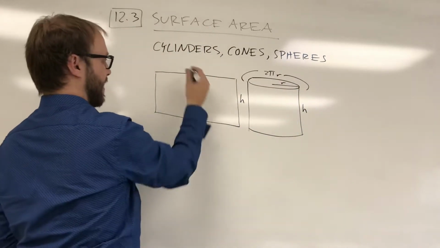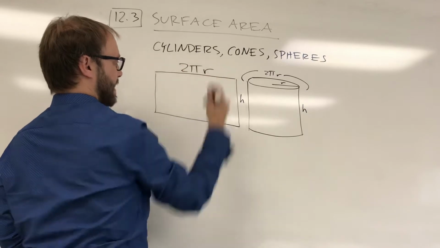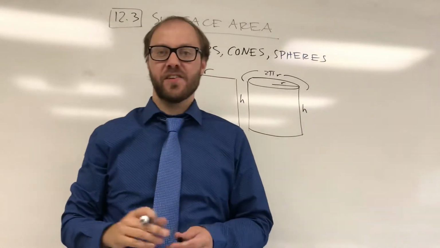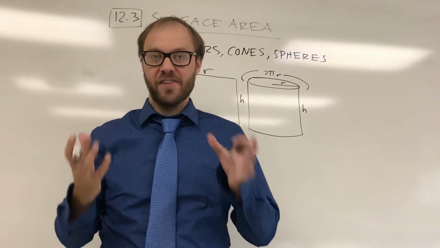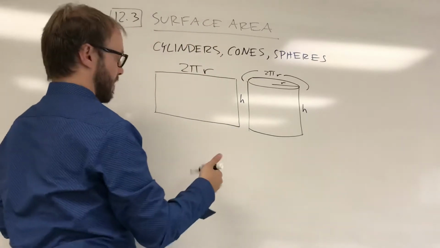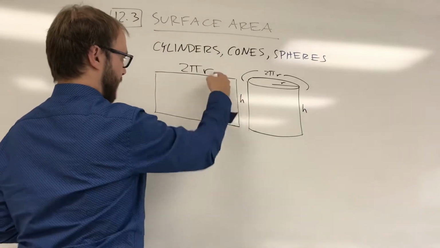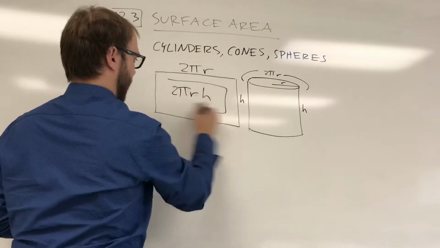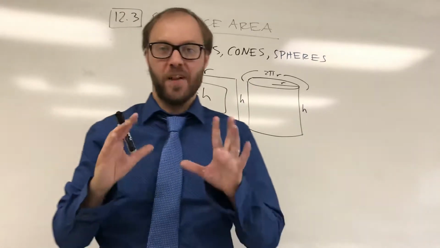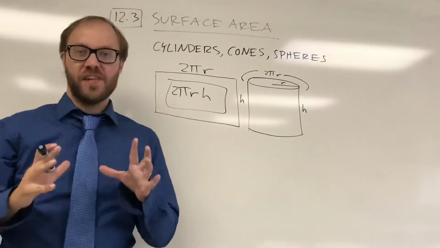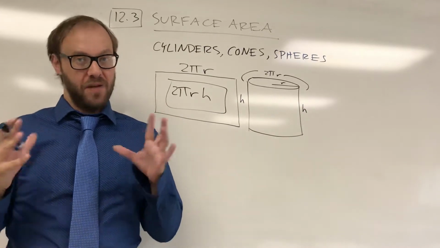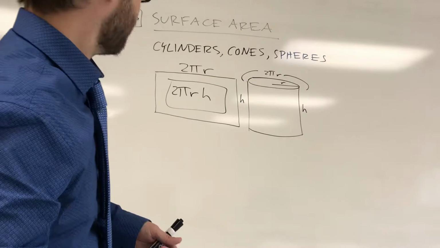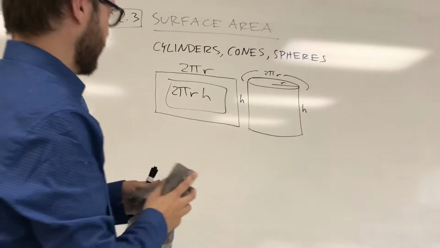So this length here is going to be 2 times pi times the radius, and that's going to lead us to the formula for the surface area of a cylinder. It's just the area of this rectangle: 2 pi r times the height. 2 pi r h is the formula for the lateral surface area of a cylinder. Pretty basic formula, okay? So that's our first formula.